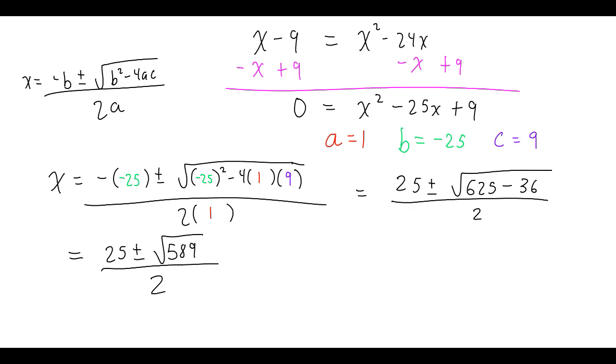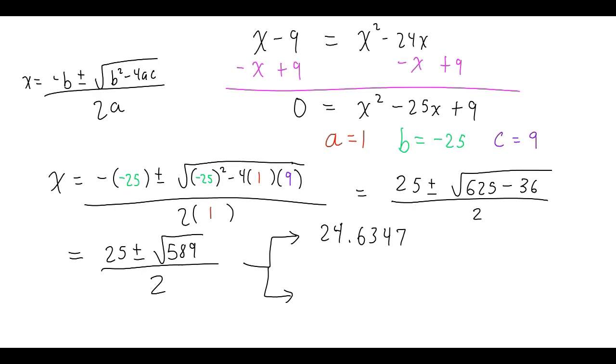Now I can convert these two to decimals so that way I can check to see if they both work as far as plugging them in. I cannot plug in a negative or a 0 into a logarithm, so I'm going to be careful here. 25 plus the square root of 589 divided by 2 is 24.6347.